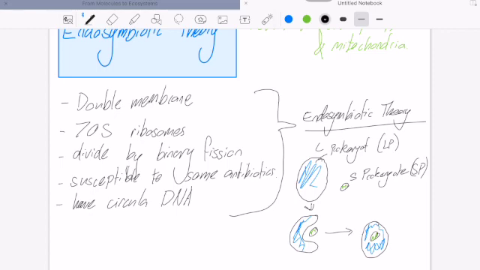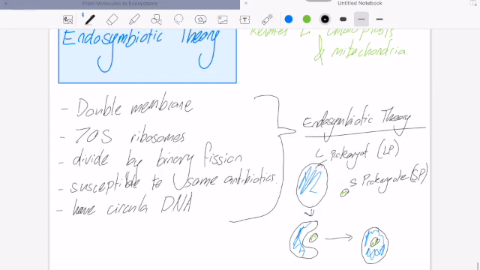And that is essentially the endosymbiotic theory. Thank you for participating, and I hope you've all learned something from this.